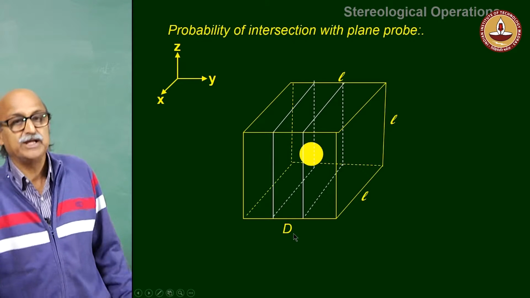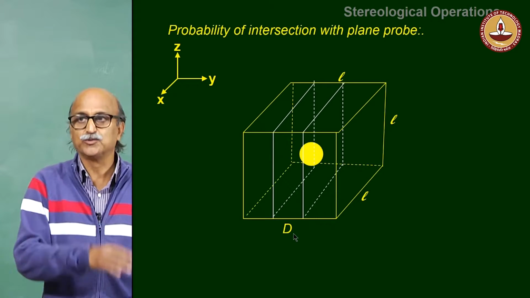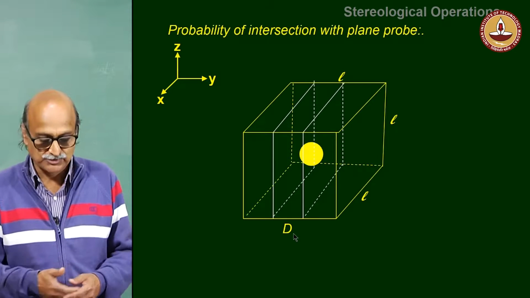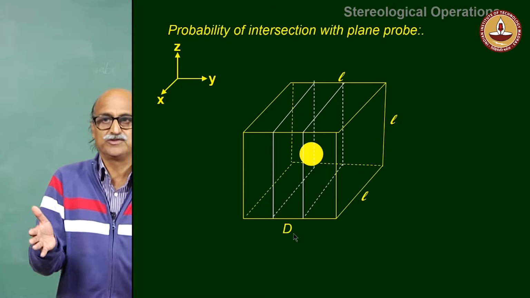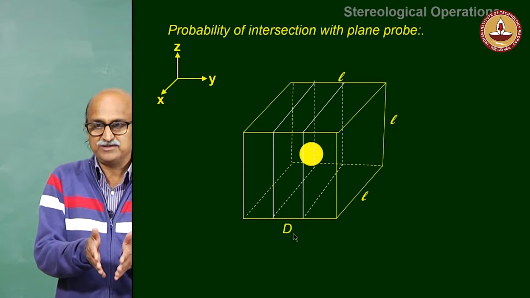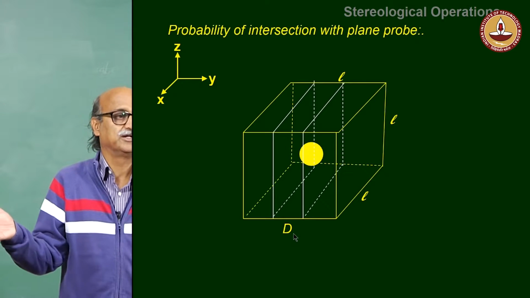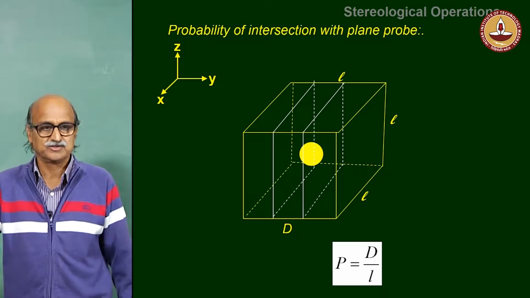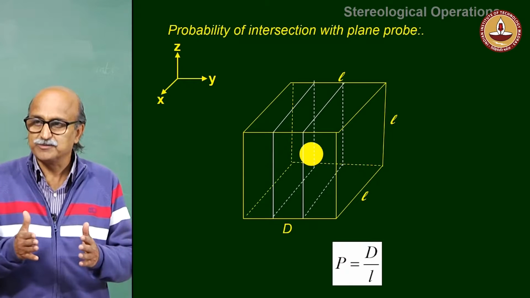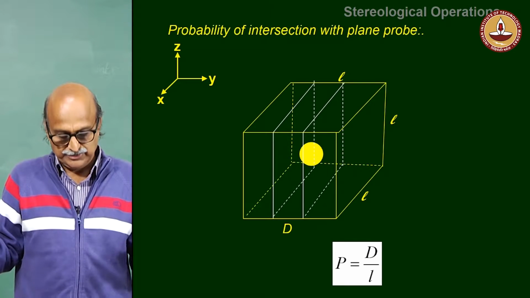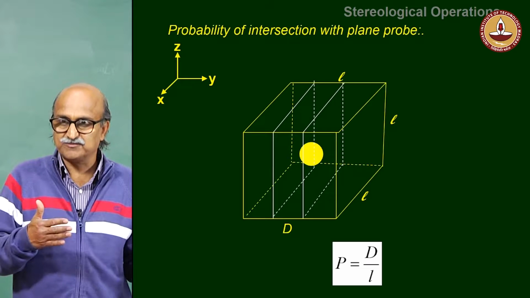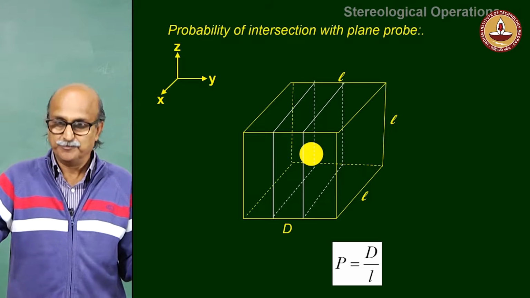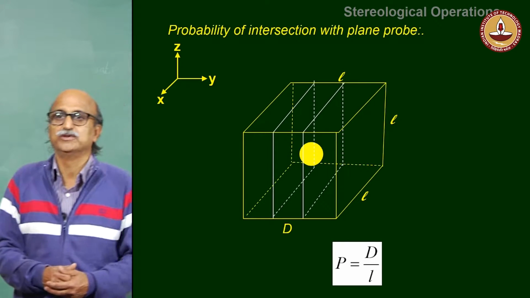So, for any plane randomly placed anywhere in the cube parallel to these tangent planes, the probability that the plane would cut the object is simply the ratio of the diameter d of the object divided by the length L of the cube. It is a simple extension of the same idea. Here we are talking about linear distance. In the previous case, with the point probe, we were looking at area in the two-dimensional case and volume in the three-dimensional case.